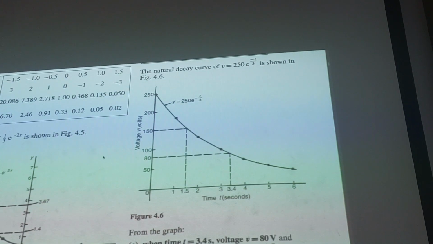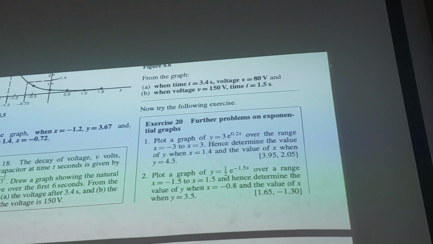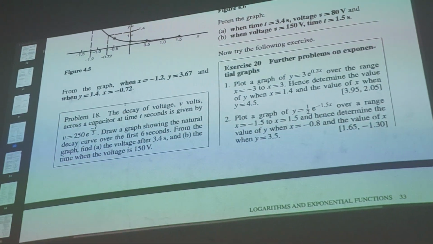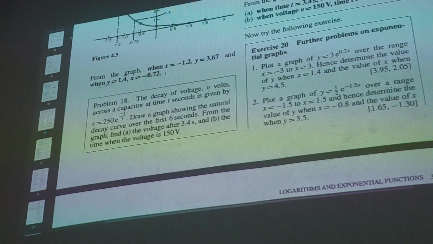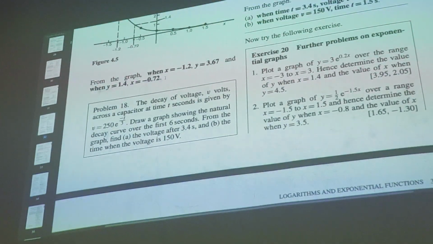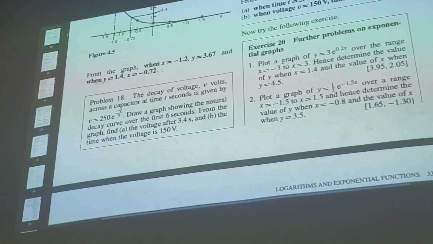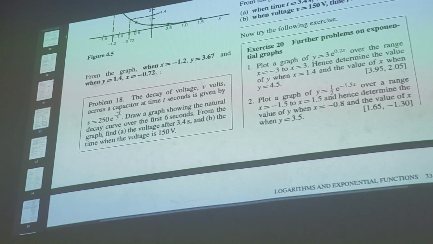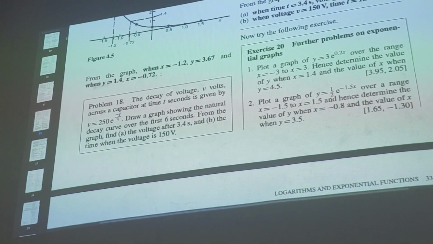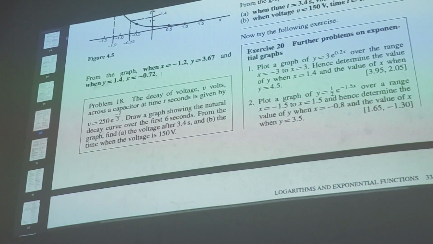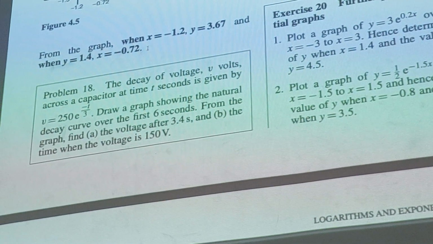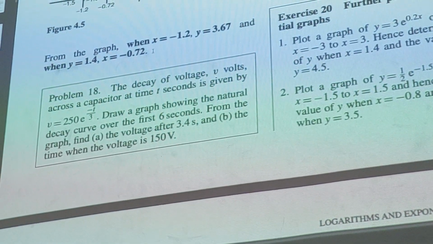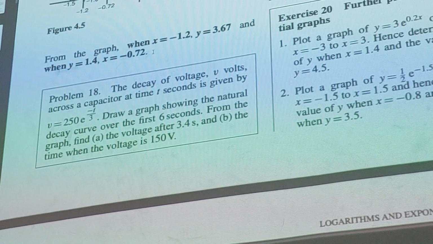Okay, let's continue. For problem 18, this is the use of the power series in an electrical component, the decay of voltage across a capacitor. A capacitor is one of the electrical components.